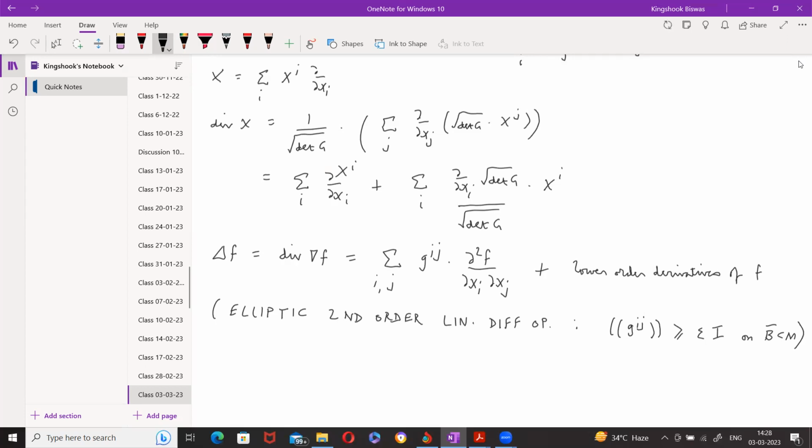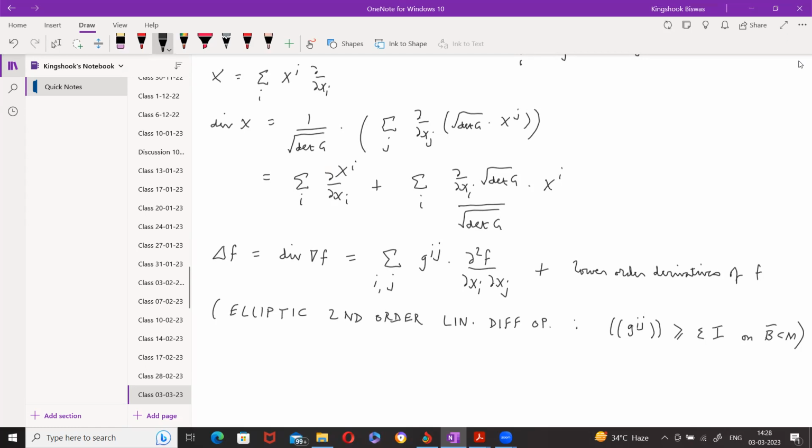Okay. So if you have a linear differential operator of second order of this form, some sum over ij, aij, del squared f over del xi del xj plus lower order terms, then you'll say the operator is elliptic if this coefficient matrix aij for the second derivatives is strictly positive definite, with a uniform lower bound on the lowest eigenvalue on a given compact domain in your manifold.